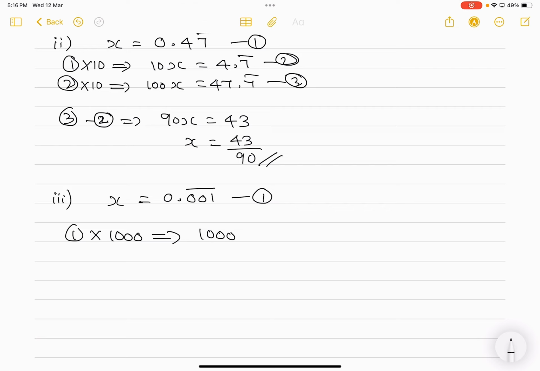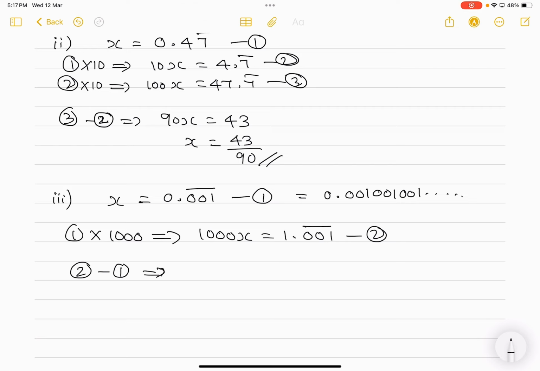It will become 1000x is equal to 1.001 bar, because the 001 is again repeating. Actually, it is nothing but 0.001001001. It will keep on going like that. So this is your second equation. Now you can directly subtract, 2 minus 1, because it's not a mix of bar and non-bar numbers.